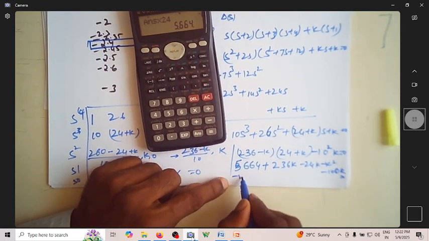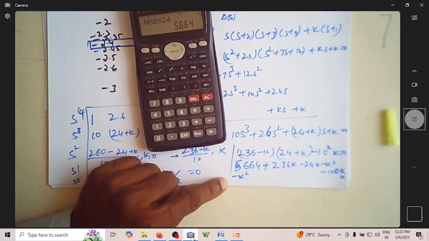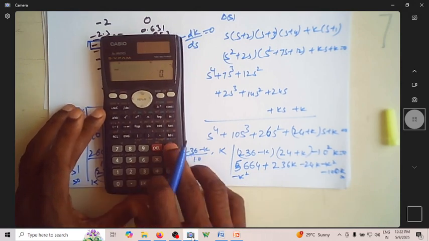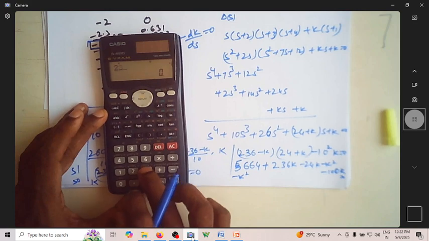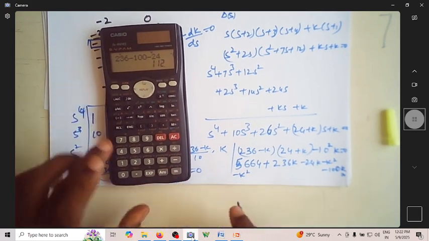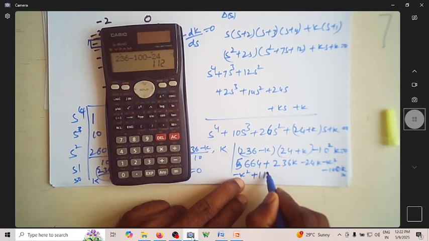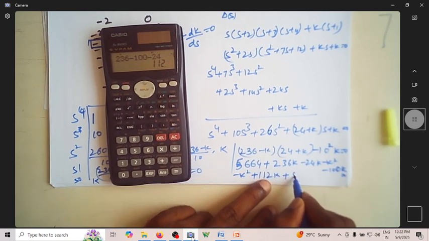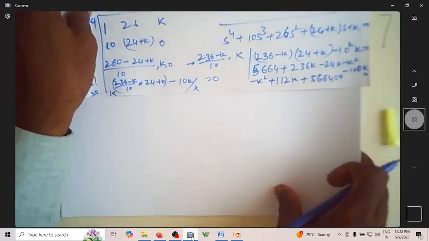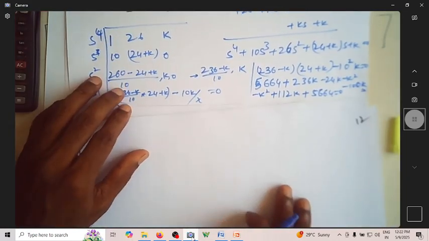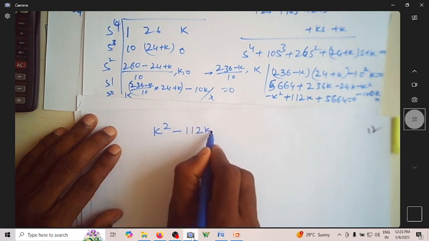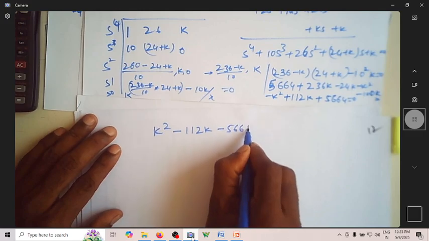So now this will become minus k square, and how many k's are there? 236 minus 100 minus 24, so all these are minus, so you have plus 112k plus 5664 equal to 0. So this is the equation, then I can find the value of k. I can rewrite this as k square minus 112k minus 5664 equal to 0.